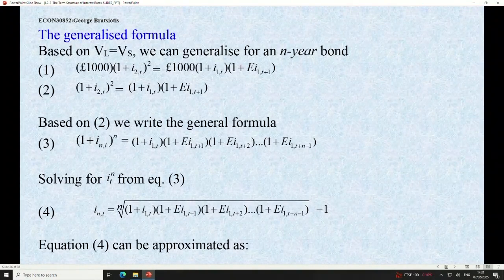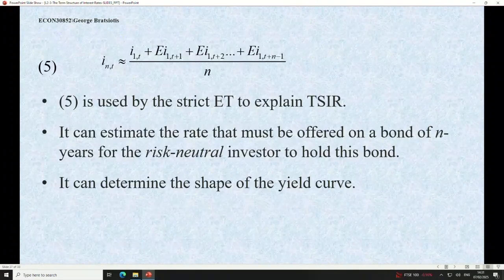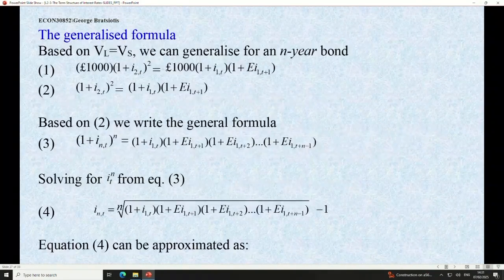So if I write it like this, to find out what should be the n period yield, then I'm left with this equation here. But this equation can be approximated to this. And if you don't believe me, don't do it now. Sit home. If you've got some time, make some cup of tea and just go through this, and you will see that this formula here is almost identical to this.